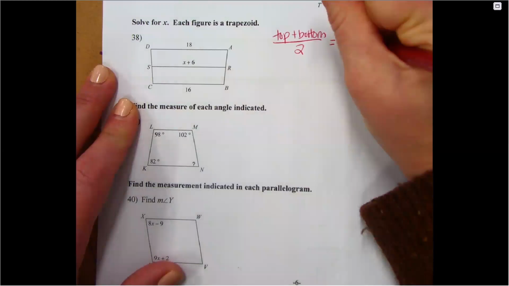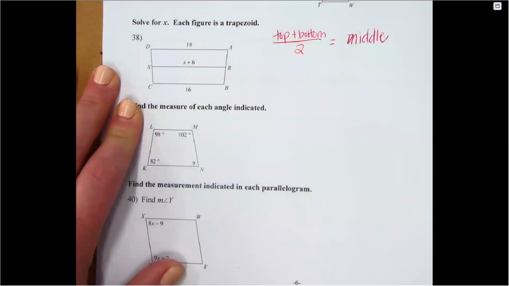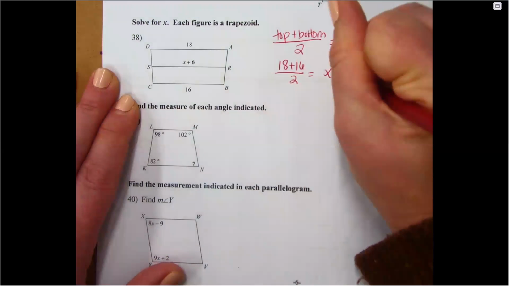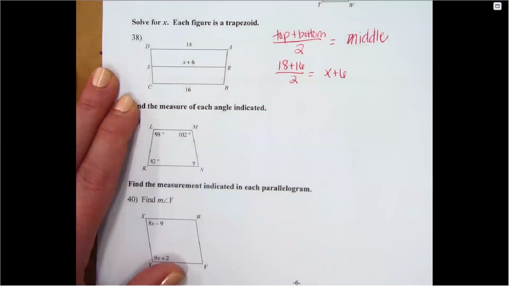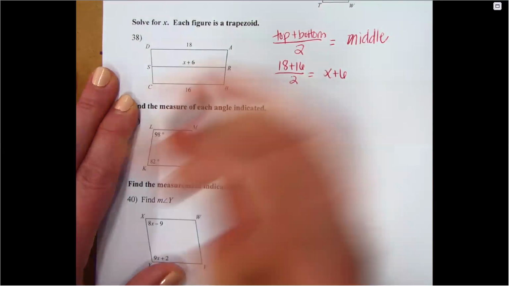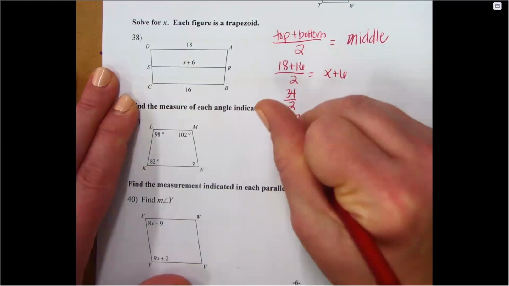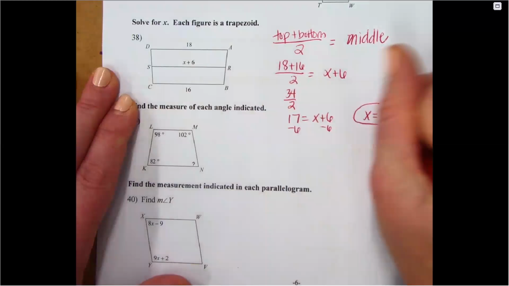So the top is 18, the bottom is 16, divided by 2 equals x plus 6. 18 plus 16 is 34. 34 divided by 2 is 17. 17 equals x plus 6, subtract 6. So what does x equal? 11. Now, does that answer the question? Yeah.